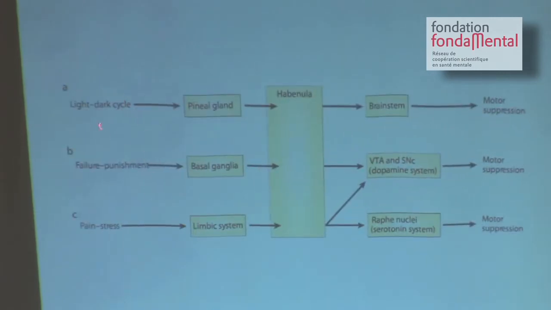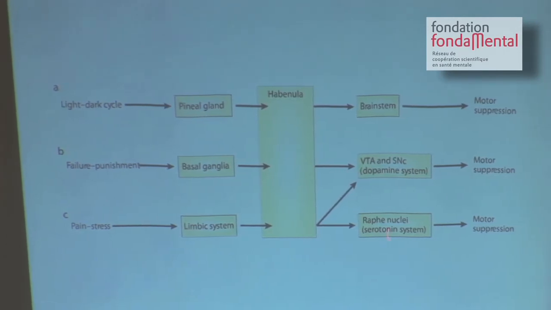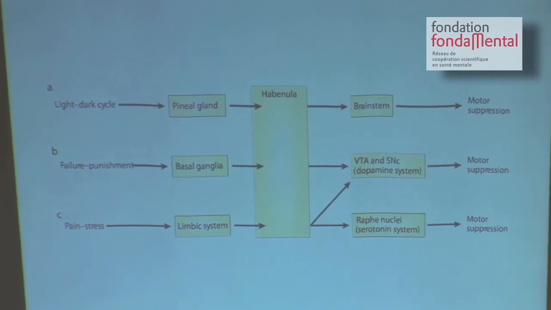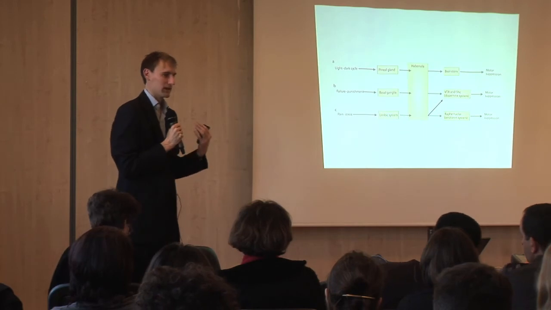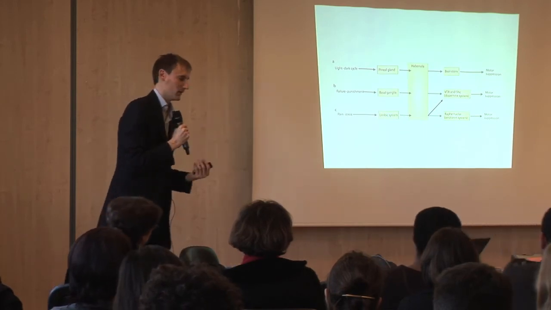So the argument is, when one experiences failure, punishment, non-reward, pain or stress, it activates the habenula, which in turn suppresses the dopamine system or the serotonin system and causes motor suppression. And this may then decrease exploratory behaviour, approach behaviour, which is a common symptom in depression.